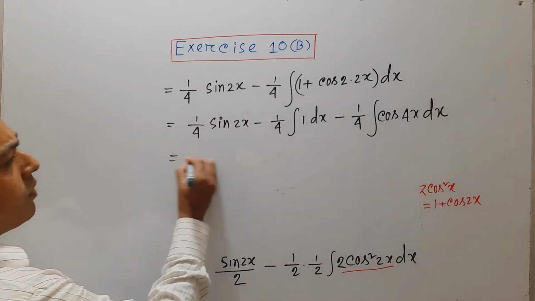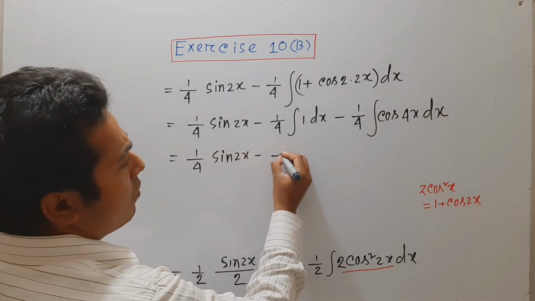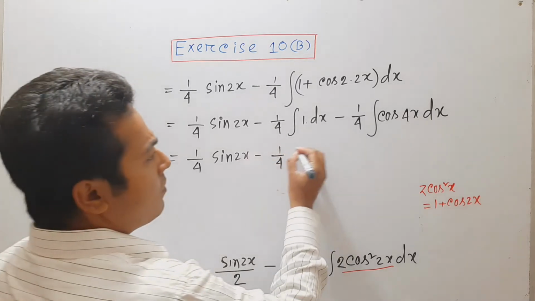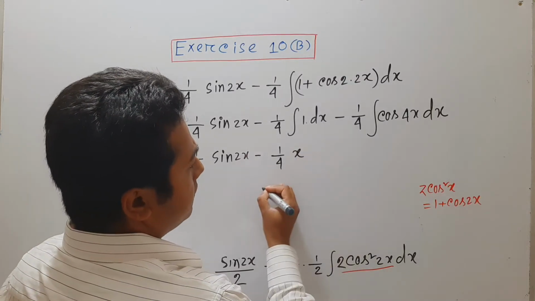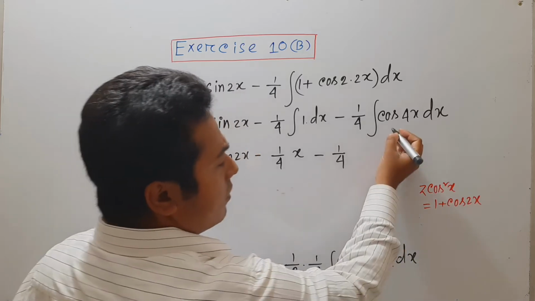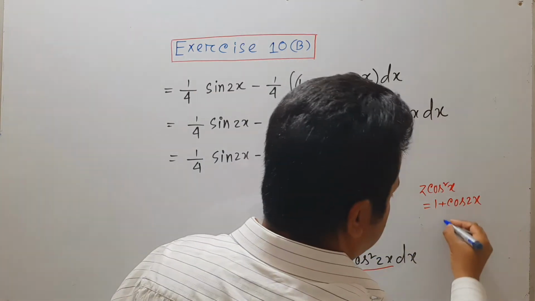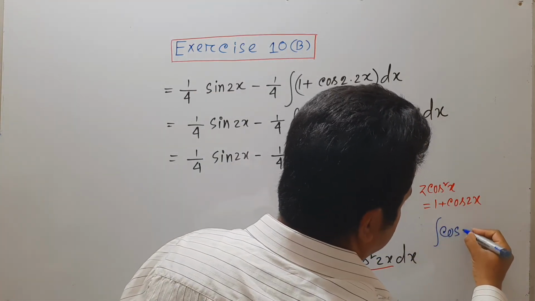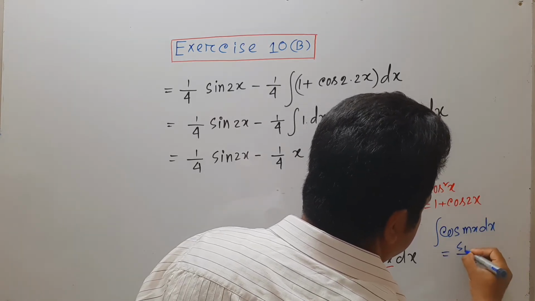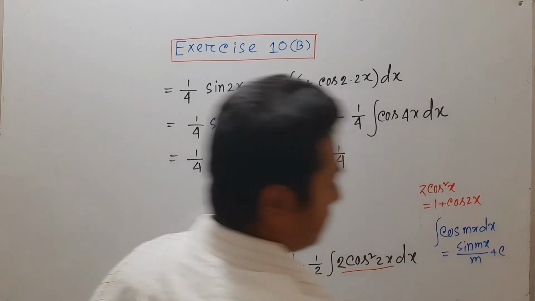Okay, 1 by 4 sine 2x minus 1 by 4 integration of dx is equal to x, and minus 1 by 4 according to the formula of integration of cos mx dx is equal to sine mx divided by m plus c.